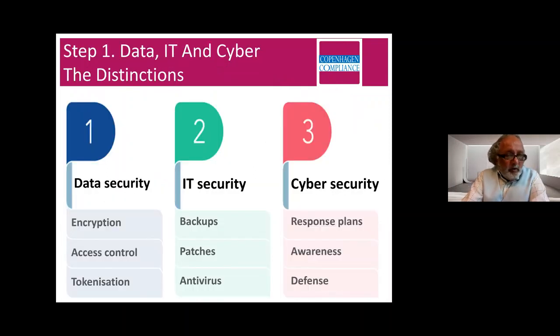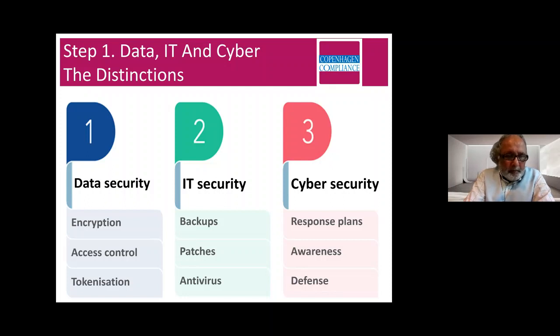So now we will go through 14 steps on how we can make sure that the training and awareness component is taken care of and also goes into all of the nooks and corners. First, you need to ensure the distinction, the definition. What is data security, what is IT security, and what is cybersecurity? Because we see very often in organizations that these 3 areas are jumbled, are mixed together.